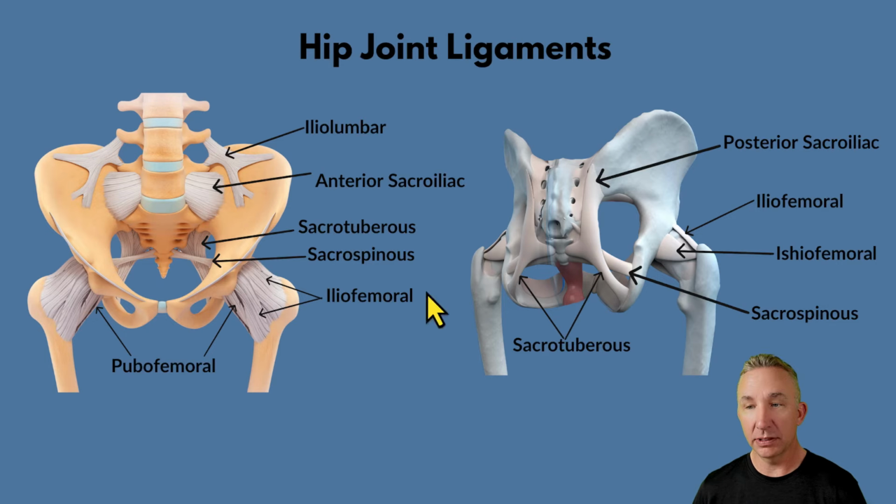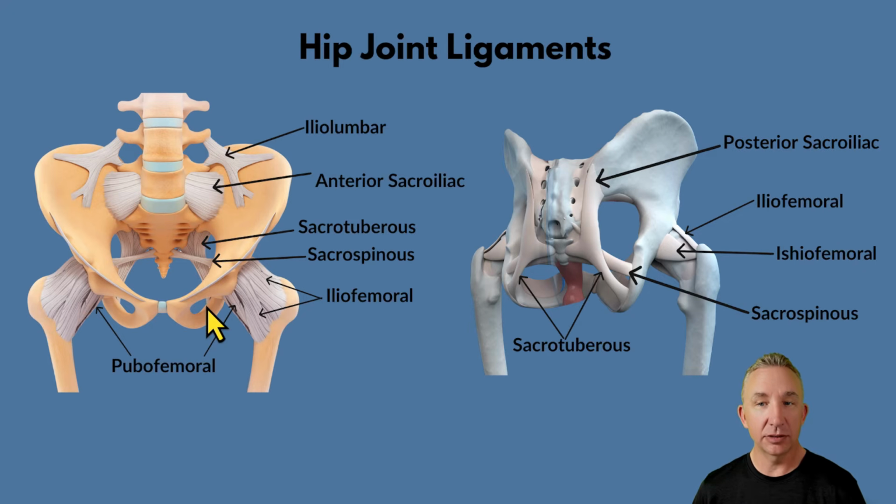As I go posterior to the ischial spine, sacrotuberous is the bigger one on the posterior side, but I can still see it crossing on the anterior. It's going from the sacrum to the ischial tuberosity. So sacrotuberous and sacrospinous.